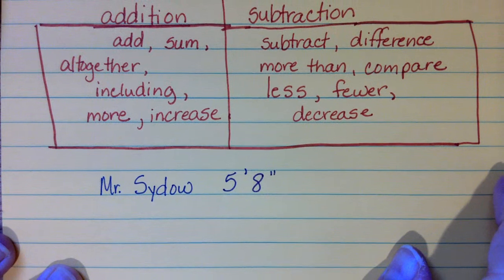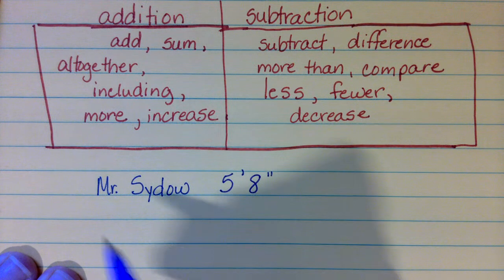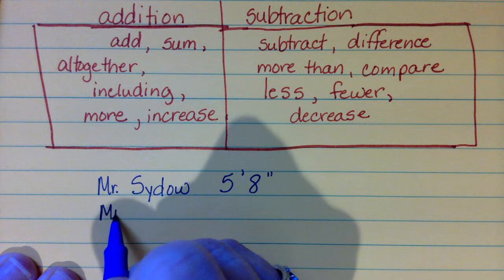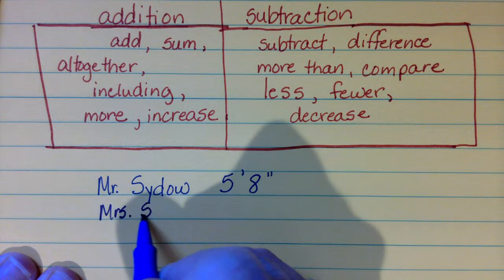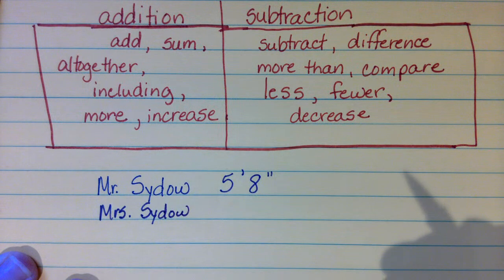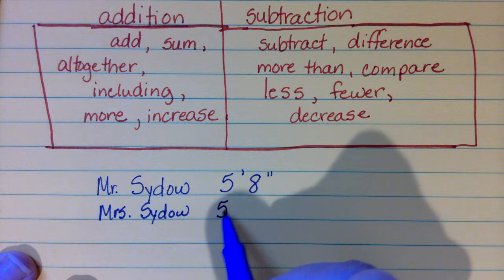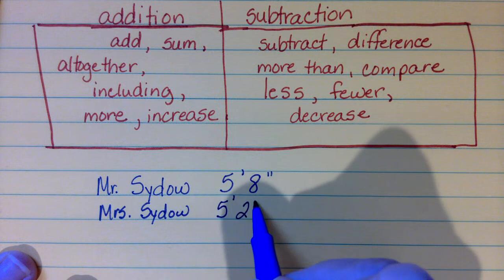All right. Mrs. Cito is 6 inches shorter than Mr. Cito. So she is 5 foot 2 inches.